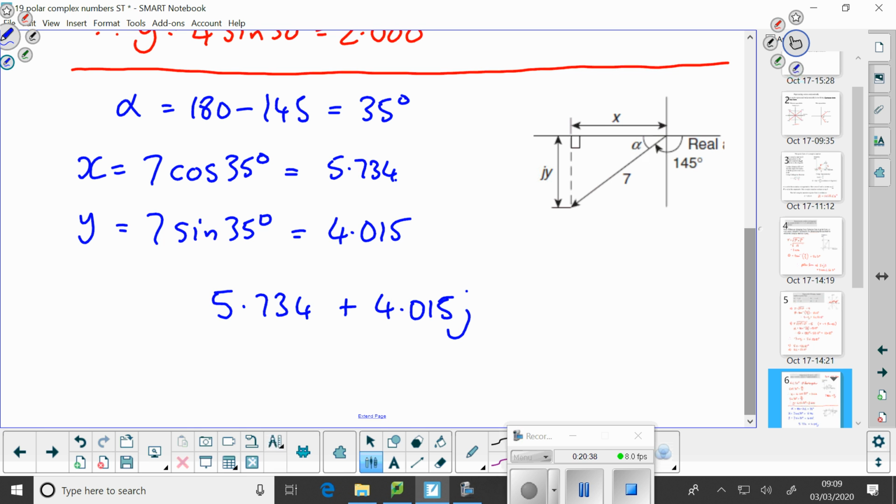Look, this is in the third quadrant, so it should be a negative imaginary part and a negative real part. All right?